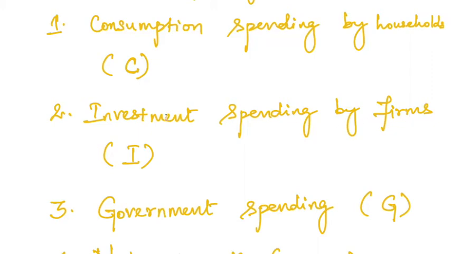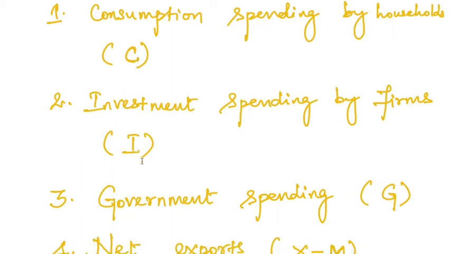So your spending will be investment spending, or if any multinational company is opening its branch in India, then that spending will be investment spending. And this spending is by the firms, not by the households. The difference is firms spend on investments and households spend on final goods and services. So in short, consumption spending is denoted by C, and investment spending is denoted by I.